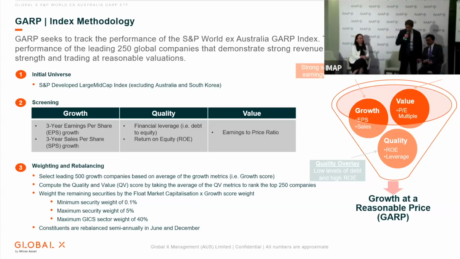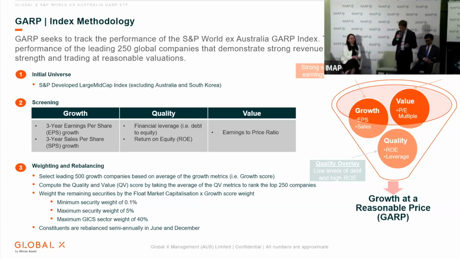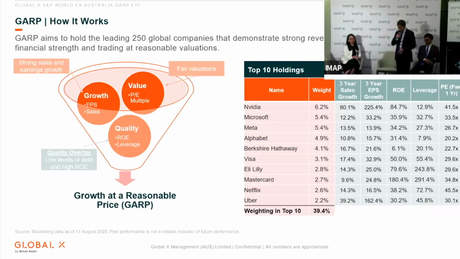And so again, along those 3 factors for growth, we're looking at companies that exhibit the strongest 3-year earnings growth, sales growth, quality, highest ROE, lowest financial leverage, and then looking at the style factor. And from that, we filter down to a 250 stock portfolio.